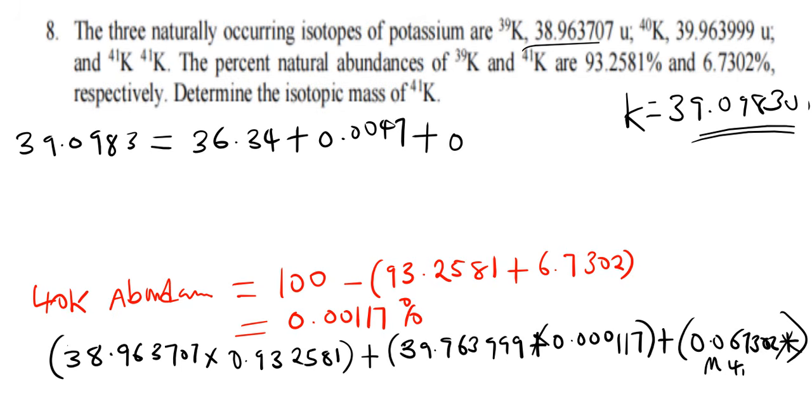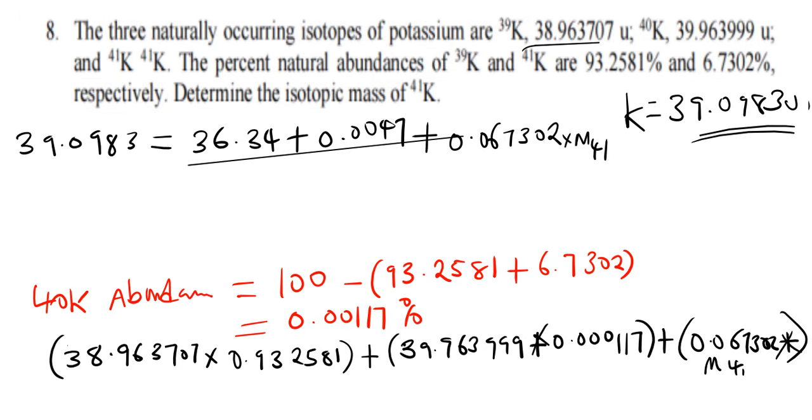This one we can't even solve, we're just going to write it the way it is, because we don't know the M41. Basically this is what we have. So we're just supposed to add these ones and take them to the other side, then divide by this.